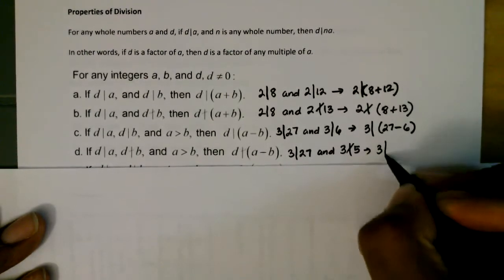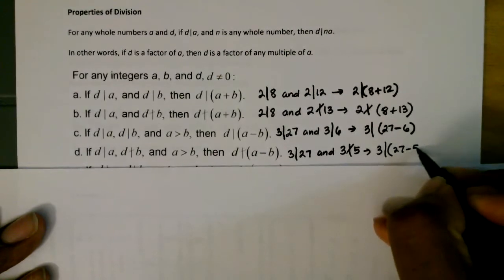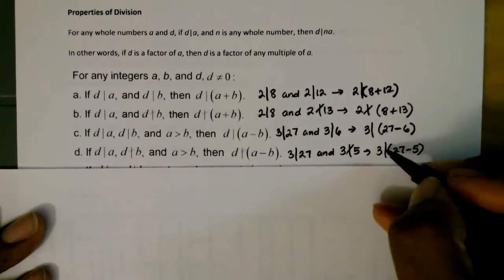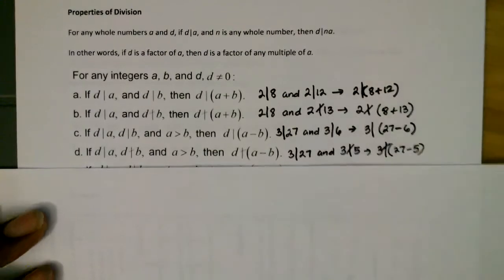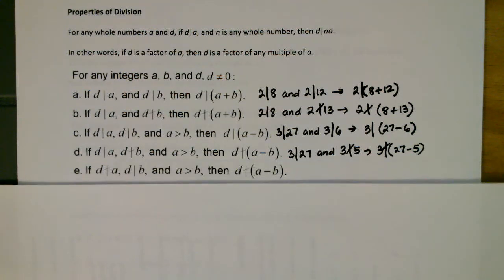So if I wrote this, 27 minus 5 would give you 22. That's not divisible by 3. So 3 would not divide the difference of 27 and 5. And then part E, if D does not divide A and D divides B, but A is greater than B, then for the same reason, D will not divide A minus B.